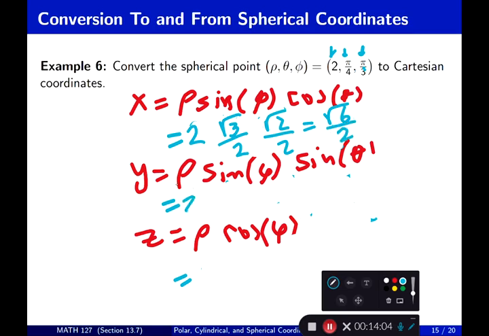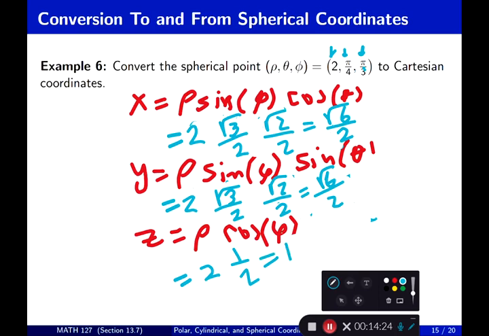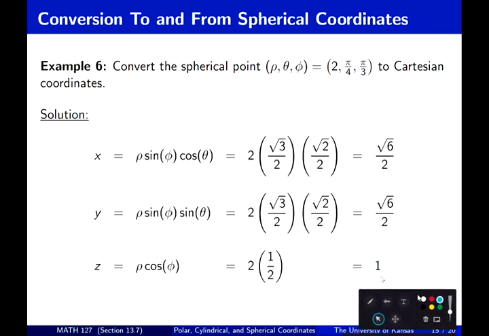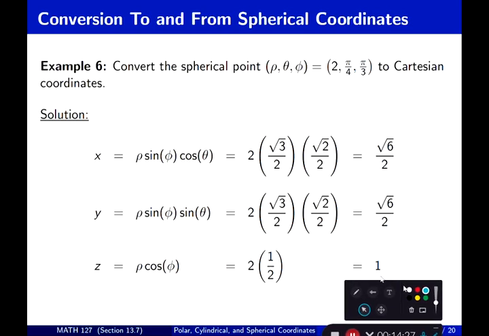Then for y, again 2, square root of 3 over 2, and square root of 2 over 2, and again square root of 6 divided by 2. And for z, 2 cosine of phi, cosine of pi third is 1/2, and you end up with 1. And so this is how you convert from spherical coordinates into Cartesian.